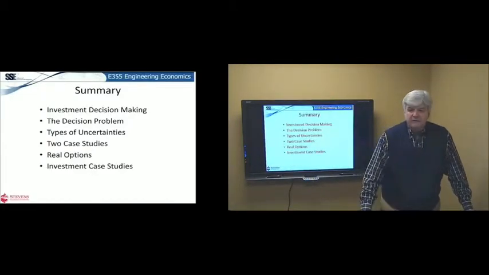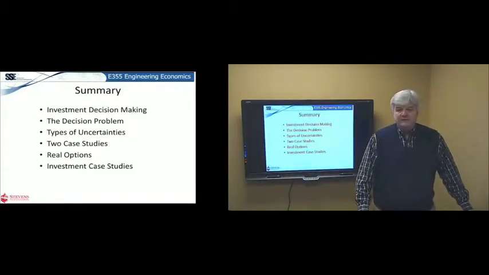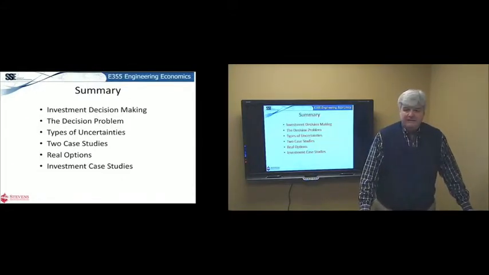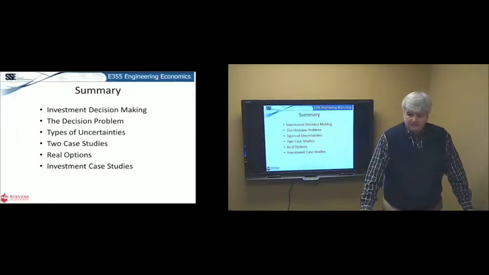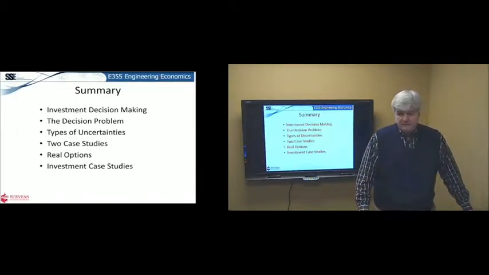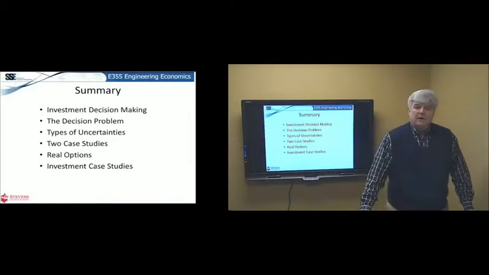So let's review quickly. We looked at investment decision making in terms of either investing and getting better at what you're already doing, or investing and doing new things. And we frame this as a classic decision problem. These problems are full of uncertainties. As you might have seen there, there are like 20 or 30 different kinds of uncertainties that plague these investments. We did 2 case studies, one for efficiency, one for investing in R&D.